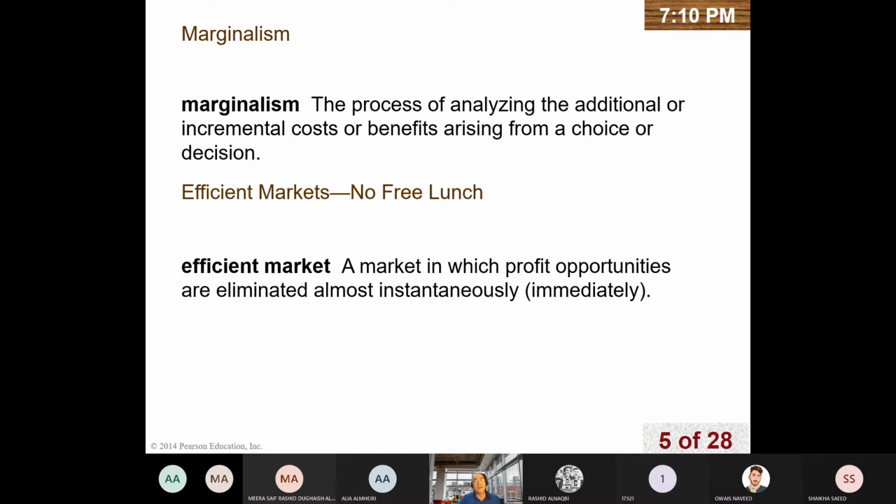Let's see another example. Ittisalat is earning good money. Ittisalat got high profit. Is it easy for other investors to enter the telecommunication market in the UAE? The answer is no. Why?